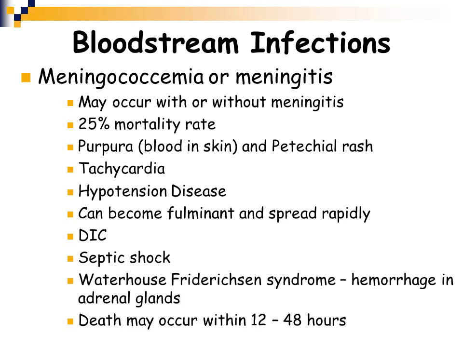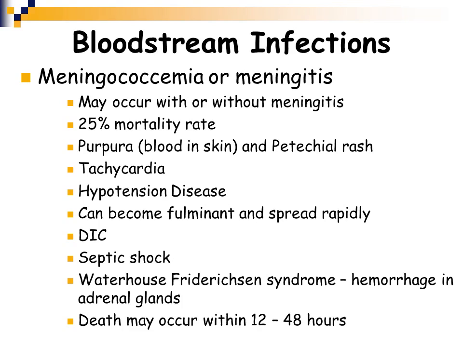Now, Neisseria meningitidis can also get into the bloodstream and cause meningococcemia, and if it gets into the bloodstream, that can also cause meningitis. So it can cause a bloodstream infection either with or without meningitis. This has a 25% mortality rate. You can see blood in the skin, almost like bruises, the petechial rash. An individual can have an increased heart rate, low blood pressure.